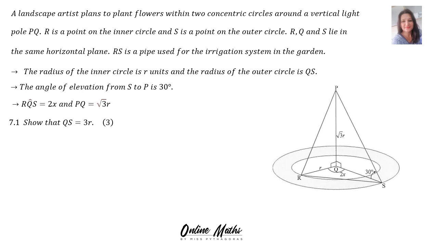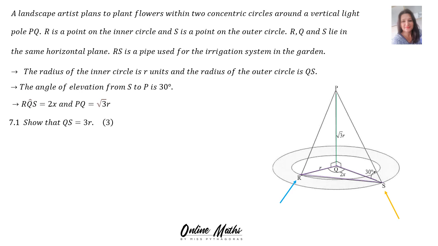A landscape artist plans to plant flowers within 2 concentric circles around a vertical light pole PQ. R is a point on the inner circle and S is a point on the outer circle. R, Q and S lie in the same horizontal plane. RS is a pipe used for the irrigation system in the garden.